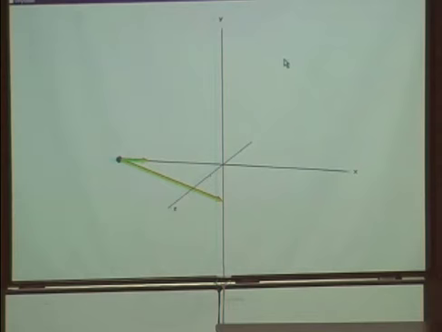Negative z, let's see. Yep, negative z. Okay, for completeness, we'll do the observation location on the negative z-axis. Which way is the magnetic field going to go? Up. Okay, up. Let's see.